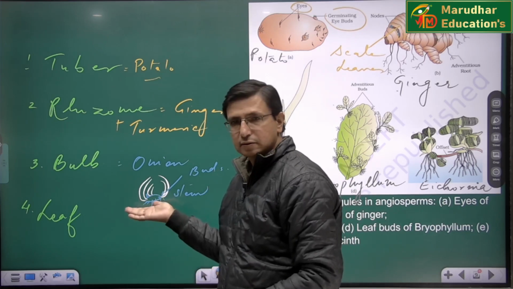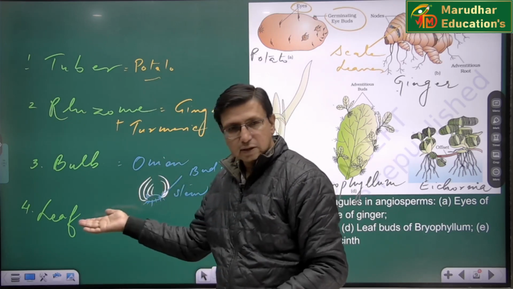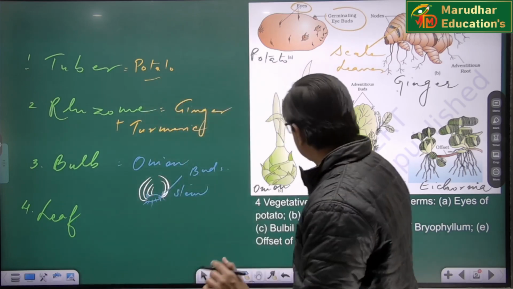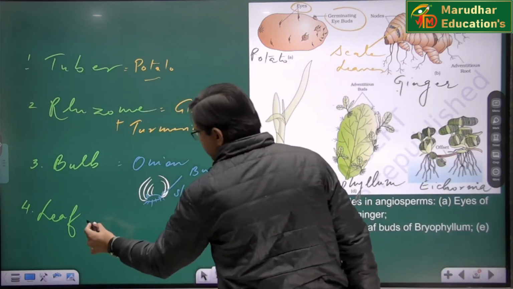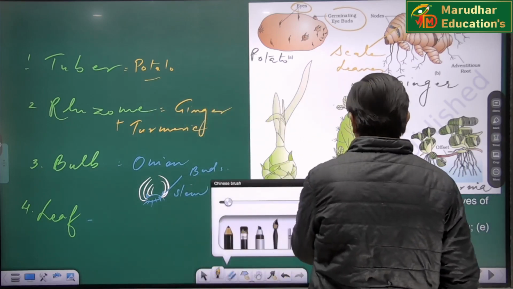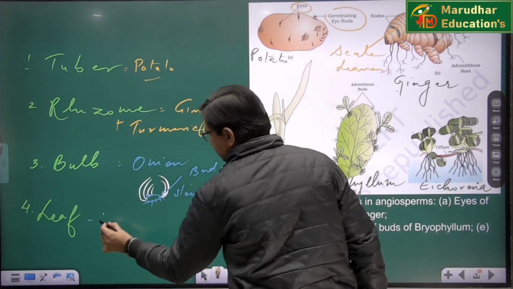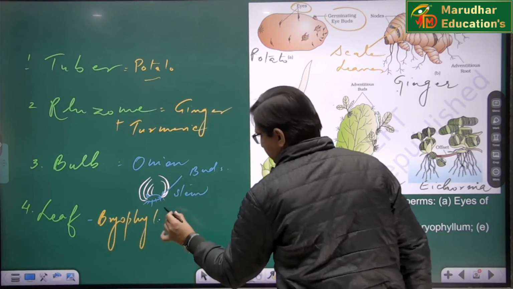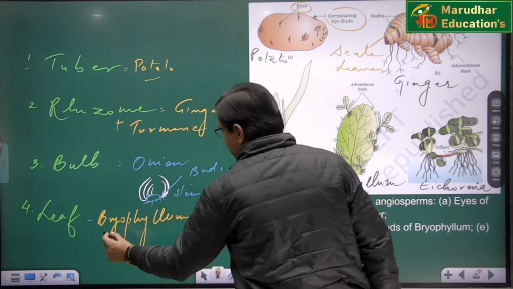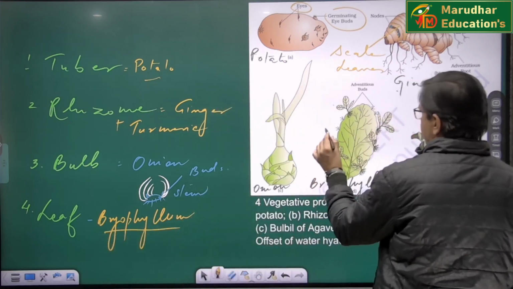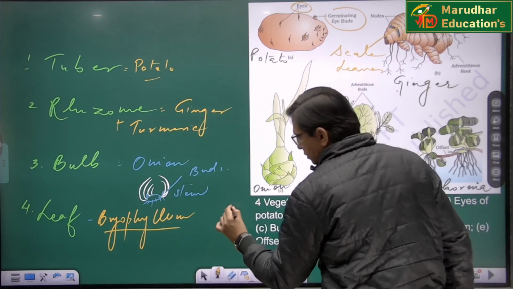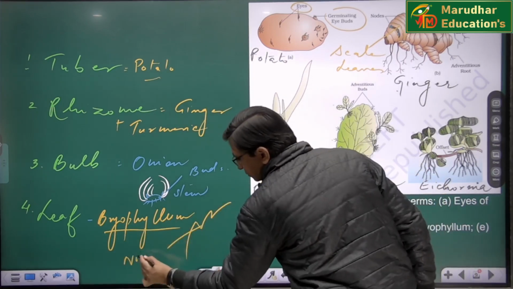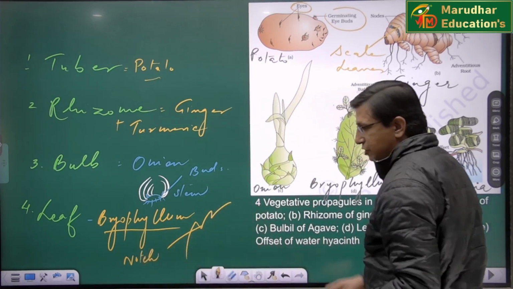This is onion. Right? In case of leaf as vegetative propagule, see, you have adventitious buds. See, the example is bryophyllum. Here you find, see, this is notch. Leaf has notch. See, if I draw a leaf, this is called a notch. In Hindi we call it a khanch. एक खांच बनी हुई है.